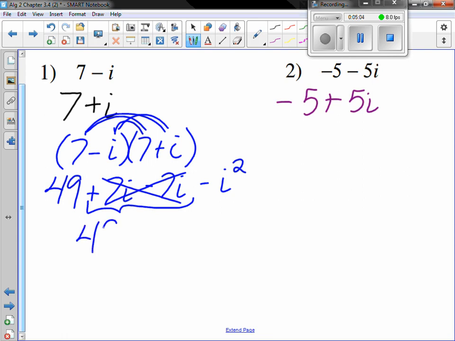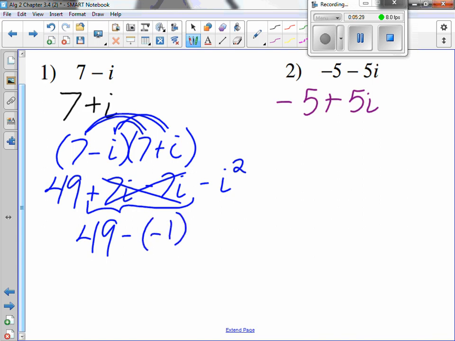So I have 49. What did we say i squared was yesterday? Negative 1. i squared is one of the two with i that you really need to know. i squared is negative 1, and i is the square root of negative 1. Those two are the most common, and they're going to show up the most. So really what we're saying here is that I have 49 minus negative 1, yes? Well, negative and negative make a positive, which gives me 50.